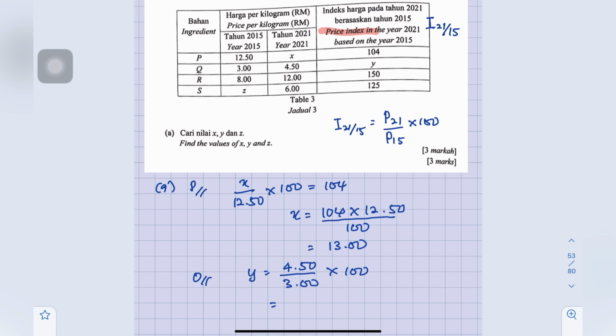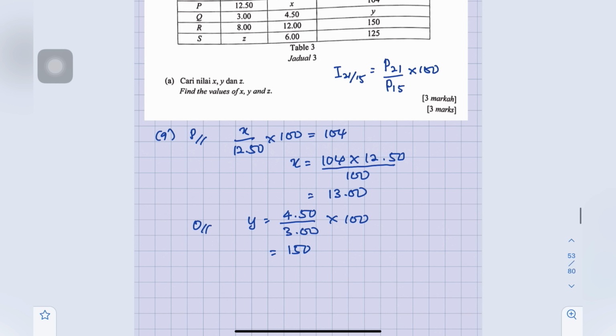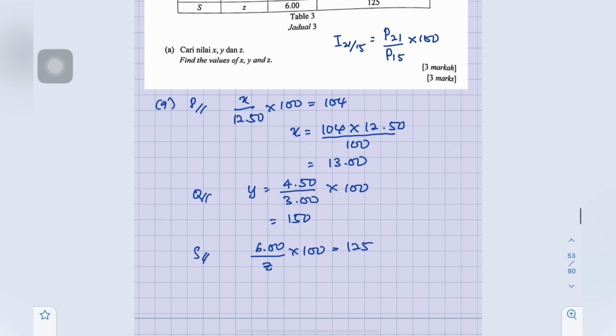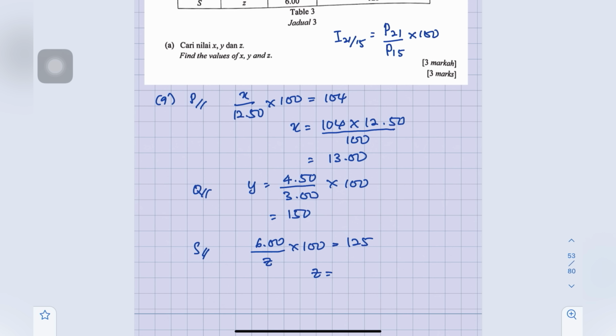So Y is 150. To find Z for ingredient S, 6 ringgit over Z times 100 equals 125. Then Z equals 6 ringgit times 100 over 125. So Z equals 4 ringgit 80.